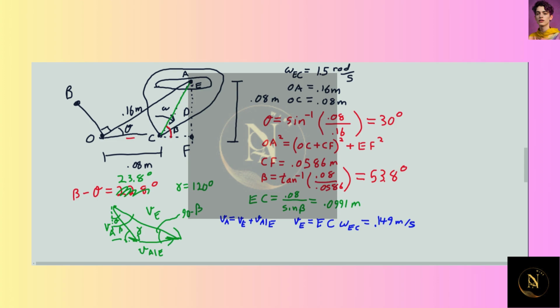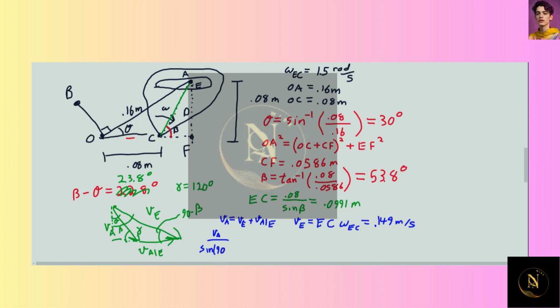We can then use the sine rule to find VA. So if we use the sine rule, we have VA over the opposite angle, which will be that 90 minus beta.